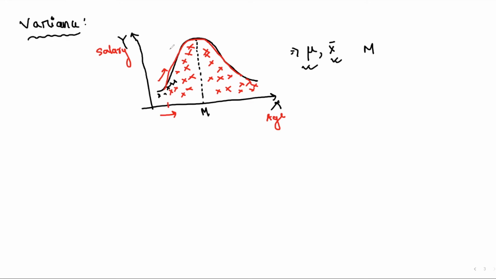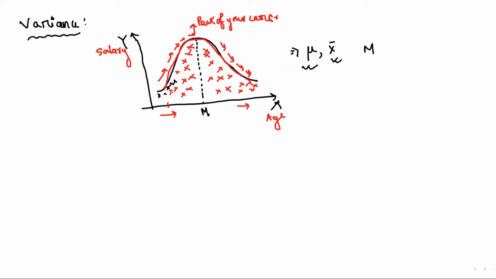Slowly, as your age increases, your salary will also increase, and you will reach the peak of your career at one point. After that, when you grow old, your salary will decrease, and when you retire, it will be only the pension or some of your savings.